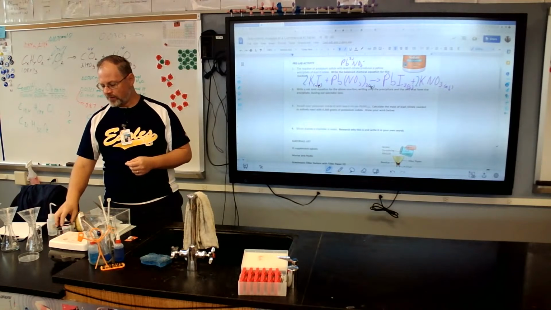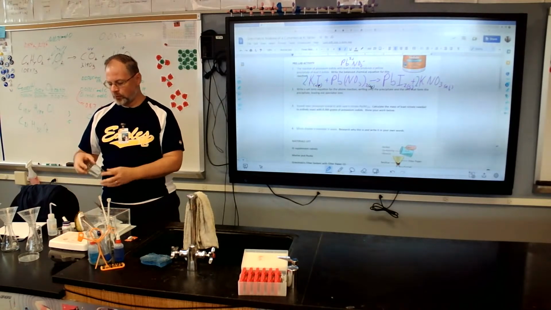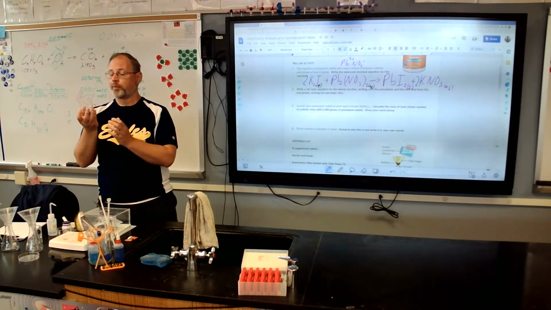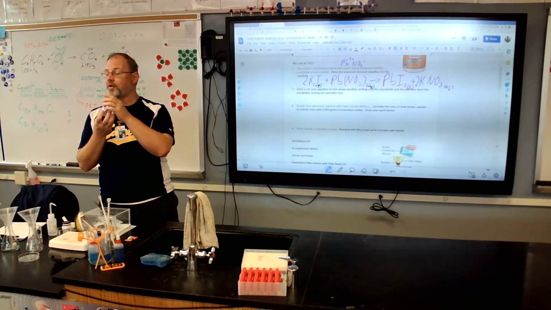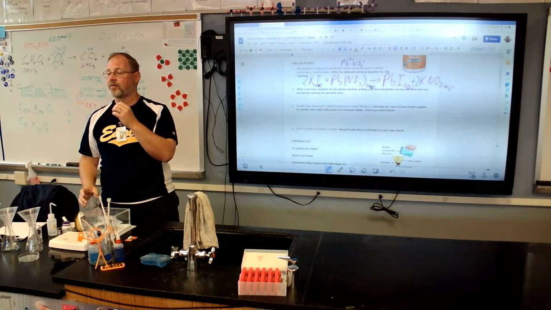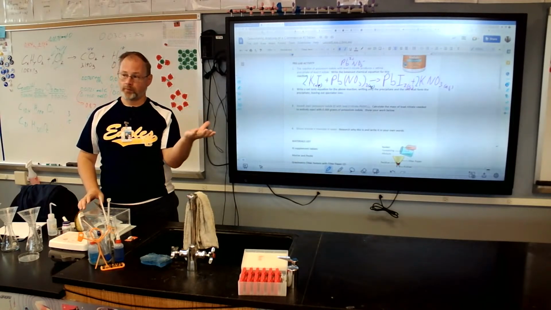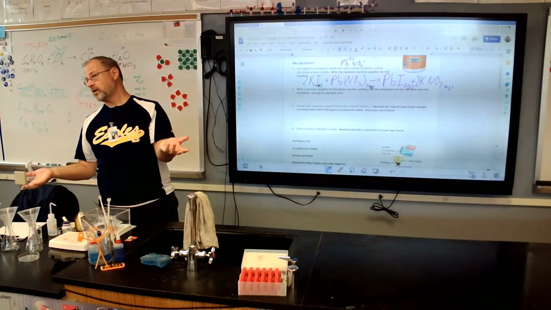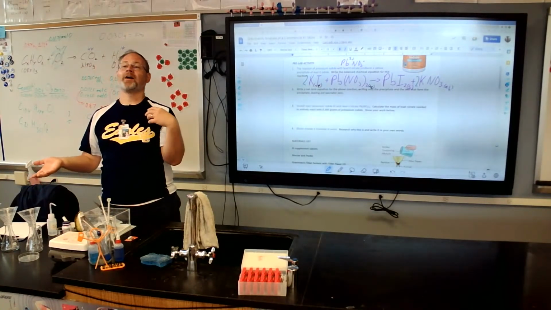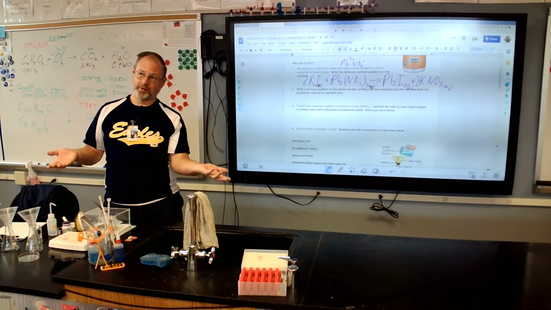So if I took some KI and I dumped it into a beaker and it was solid, I would have a bunch of solid ionic salt. But the moment I added water, I don't have that solid anymore. I have potassium ions and iodine ions.